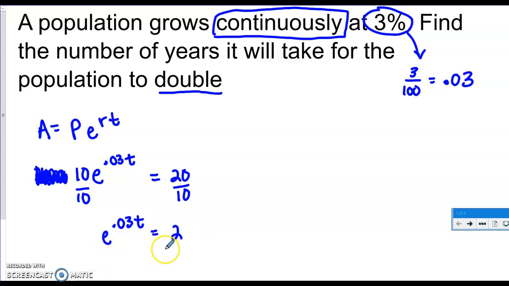All right, from here, now I can change it to a log. So when my base is E, I'm going to need ln. My argument will be what it equals, and that is 0.03 t. Now I'm not done with this side because I'm multiplying by t. I'm running out of room here, so I'm just going to copy it.